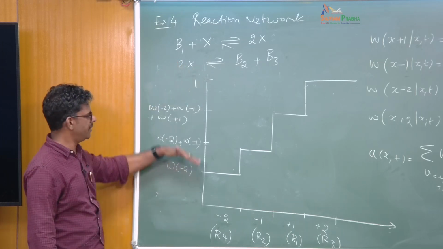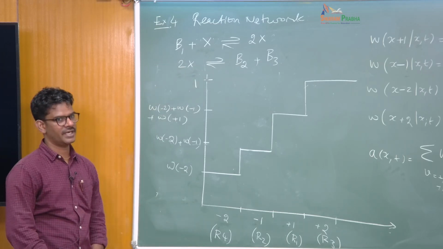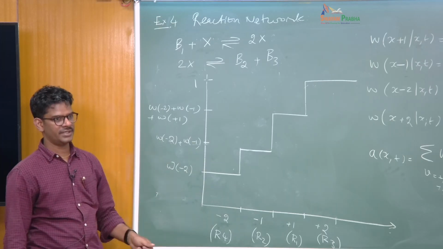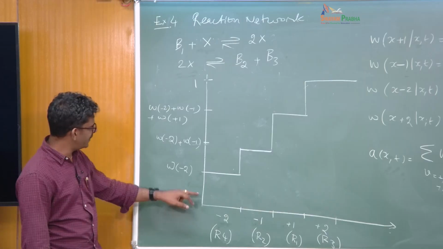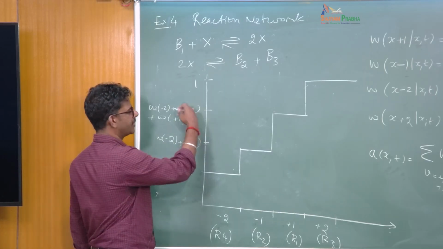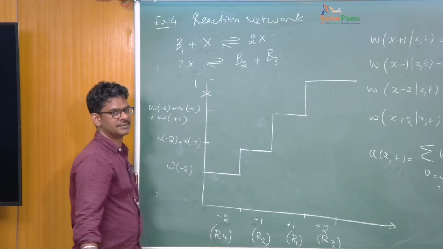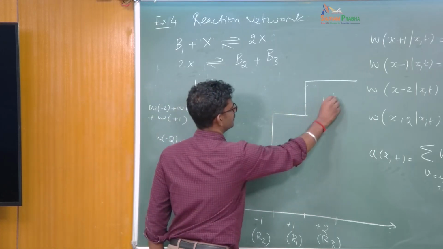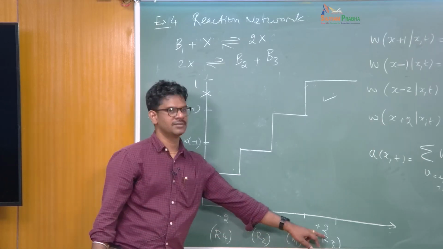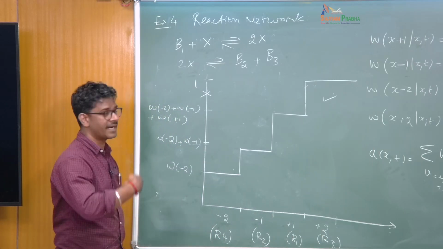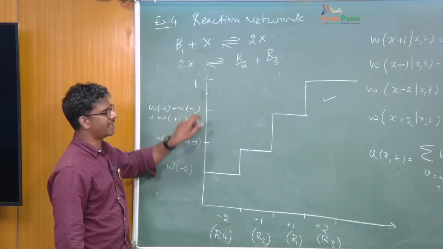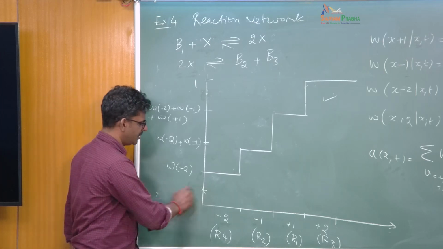Now I have to choose based on this distribution. What I do here is I call a random number uniformly distributed in the range 0 to 1, and I find where exactly it falls. Suppose this random number falls in here, then I would choose reaction R3 and increment x by 2. In another event, let's say I call a random number and it happens to be somewhere here.